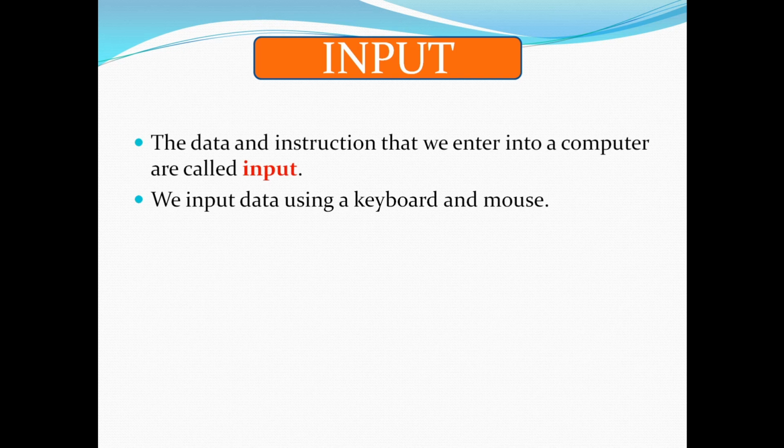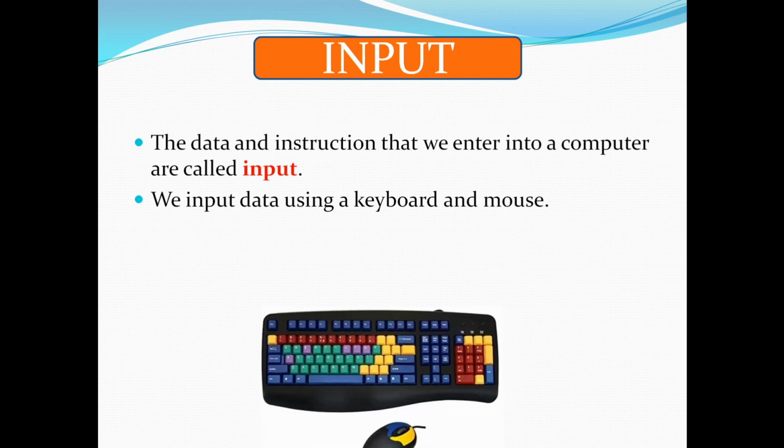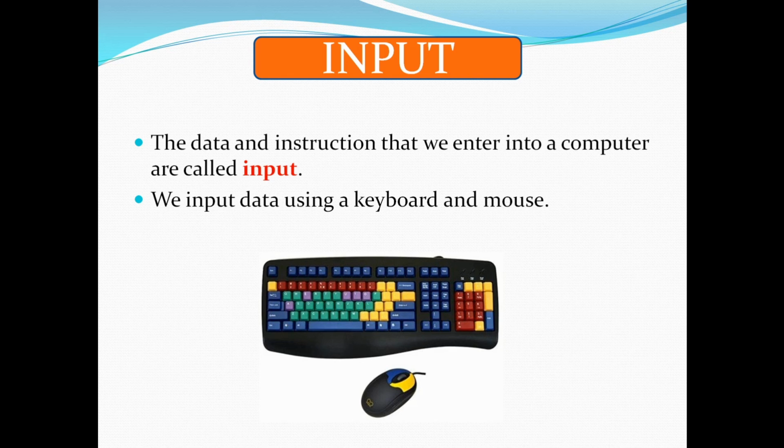Now input, the data and instructions that we enter into a computer are called input. We input data using a keyboard and mouse. Now I am going to show you the picture of keyboard and mouse.